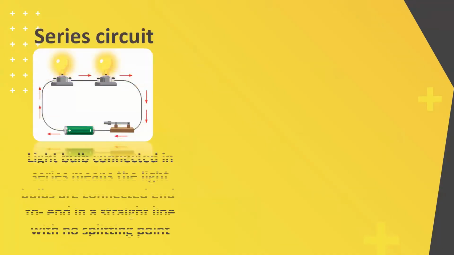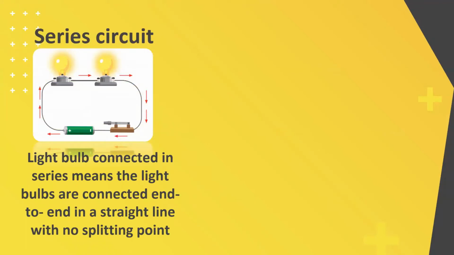Great! Now what is all about series circuit? Light bulbs connected in series means the light bulbs are connected end to end in a straight line with no splitting point. In this type of circuit, the electric current flowing through each bulb is the same.